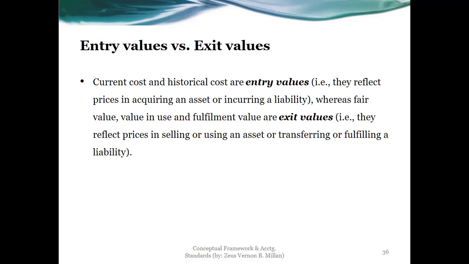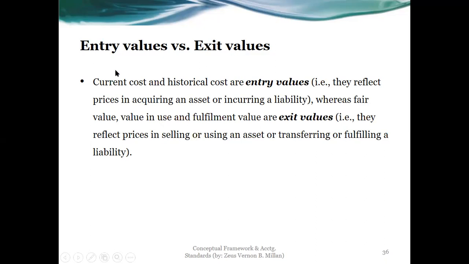All right, so I hope it is clear what the difference between entry and exit is. If we notice entry, what would make something to be recognized? If not for the first time, then later on as an update. So the current cost and historical cost, because they talk about acquisition and incurrence of either an asset or liability.